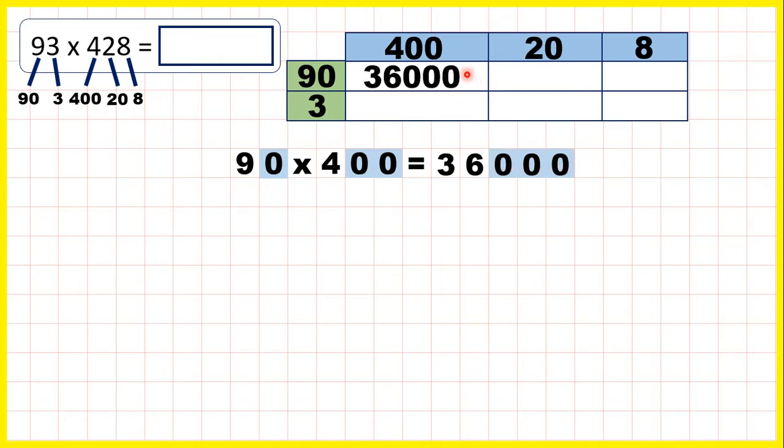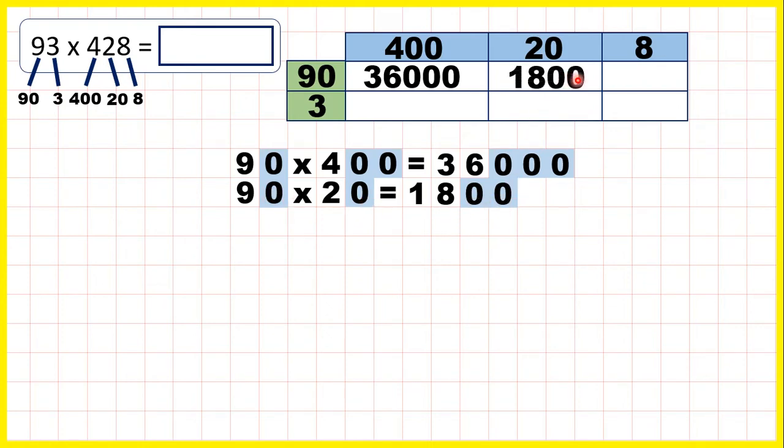So that's 36,000. Now onto this box, we have 90 times 20. That's 1,800, because 9 times 2 is 18, and then because there's a total of 2 end zeros in the question, we need 2 end zeros in the answer.